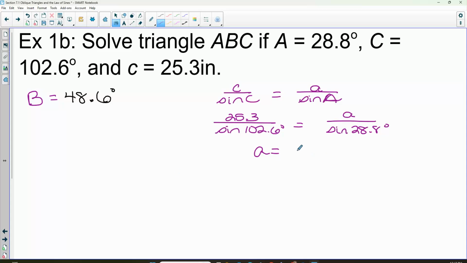what'd you guys get? 12.5 or 12.49? What would my label be on that one? And so we could do B the same way.